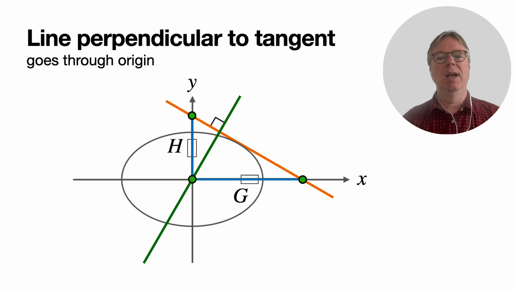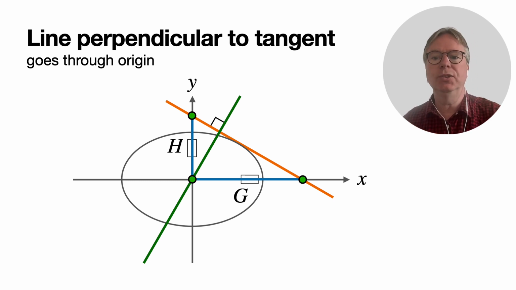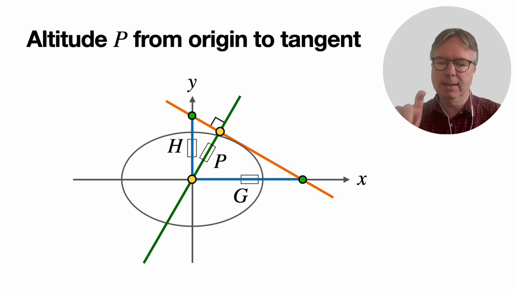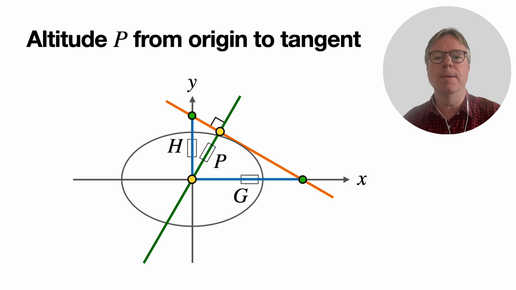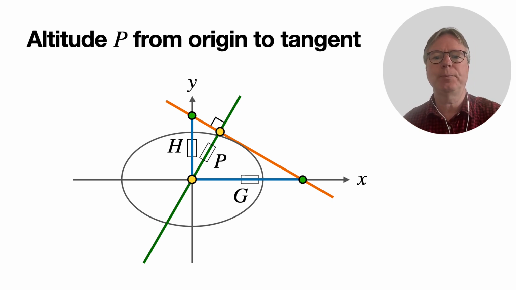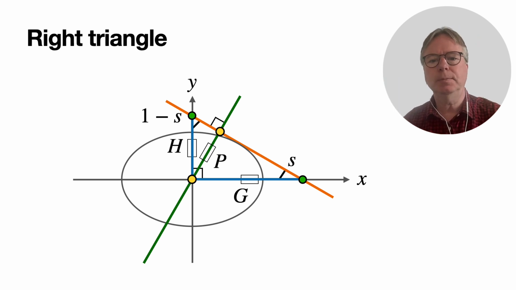Next step, I'm going to take a line that's perpendicular to the tangent and goes through the origin. Then immediately we get the quantity that we're interested in, the P. The P is the altitude from the origin to the intersection of the tangent and this line. We also need the spread s between the x-axis and the tangent line.